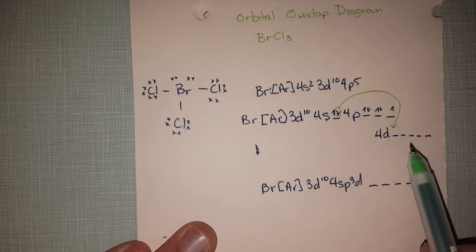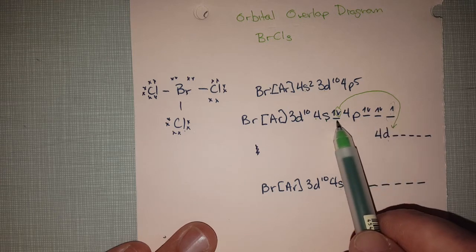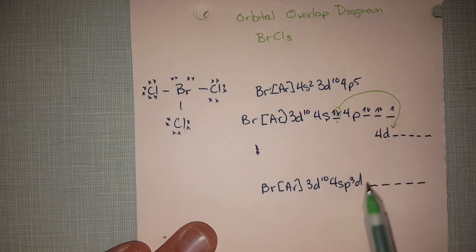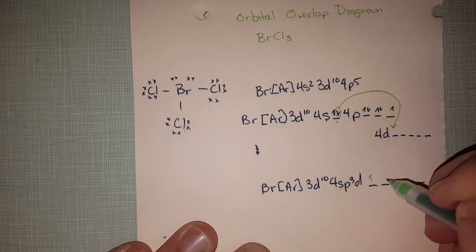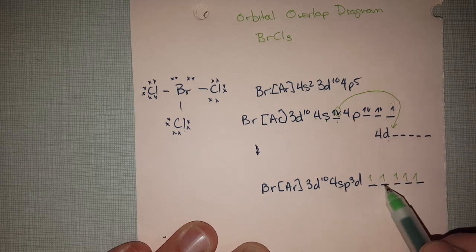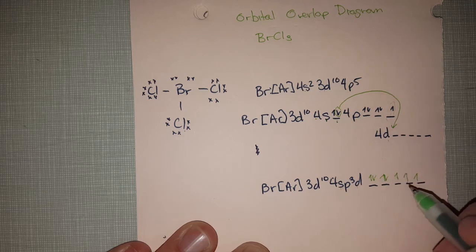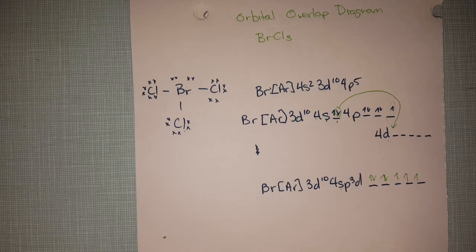I don't have to keep back any p's for a double bond, so my new orbital, since it's a hybrid of an s, all 3 p's and a d, is called an sp3d. Now I'll take my 7 electrons in the valence energy level, 1, 2, 3, 4, 5, 6, 7, and I can see that I'm left with 3 orbitals with only 1 electron.